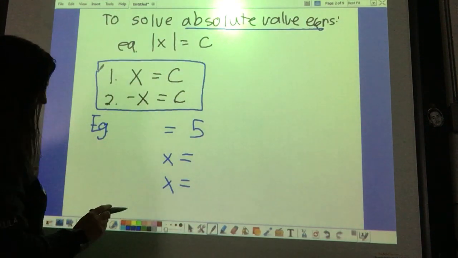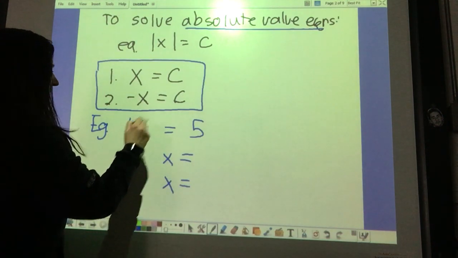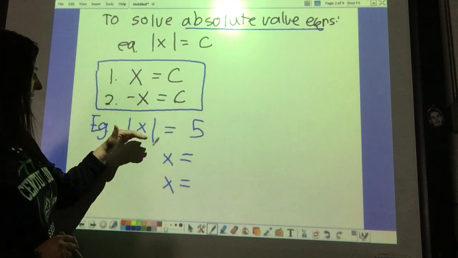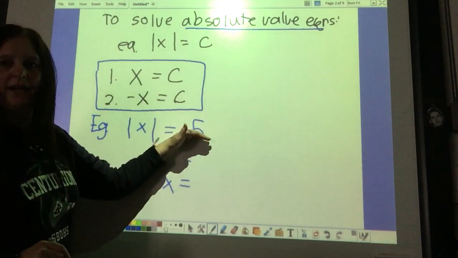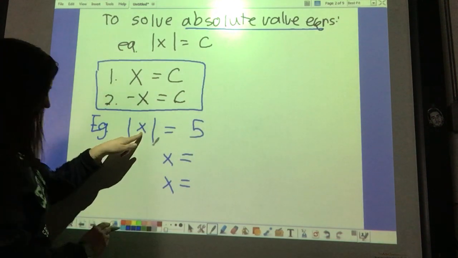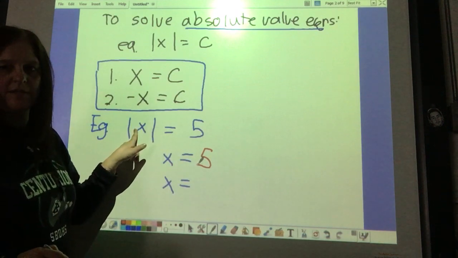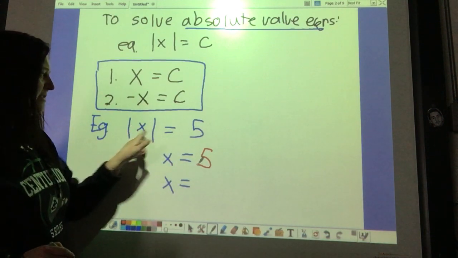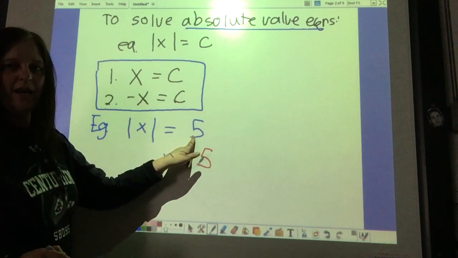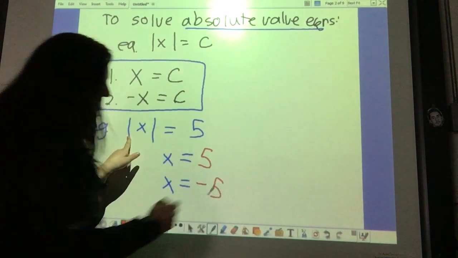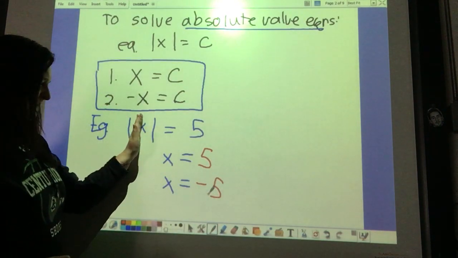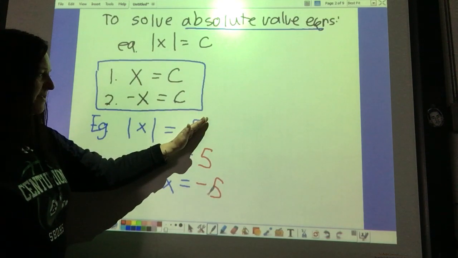If that didn't make sense, let's look at this example here. If I say the absolute value of x is 5, what's our x value? You should realize there are two answers. X could have been a positive 5. The absolute value of positive 5 is just 5. But you have two answers. X could have also been negative 5. The absolute value of negative 5 also gave positive 5.